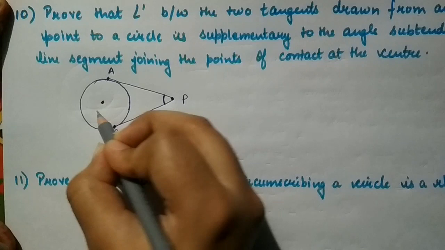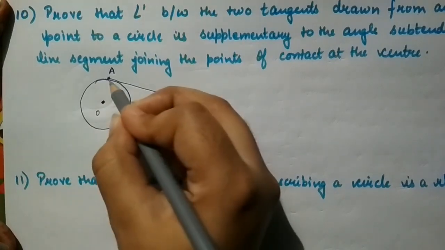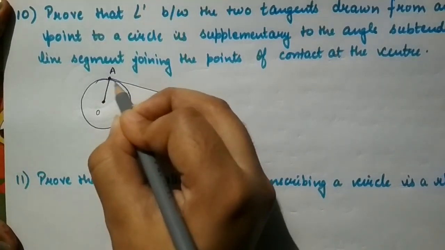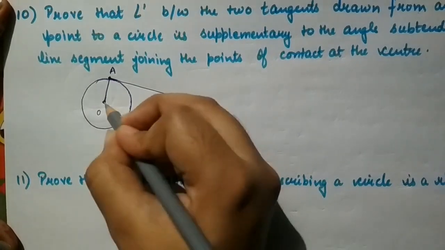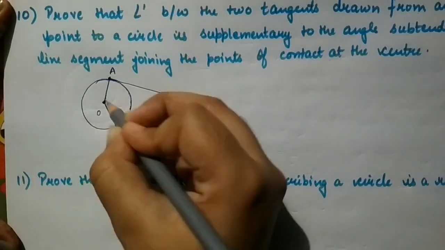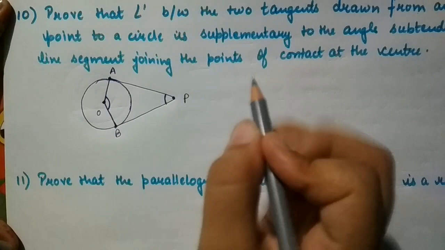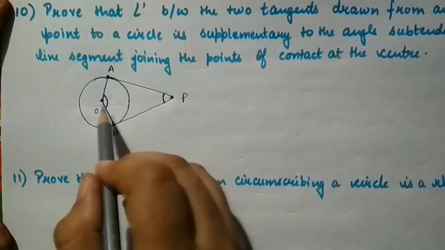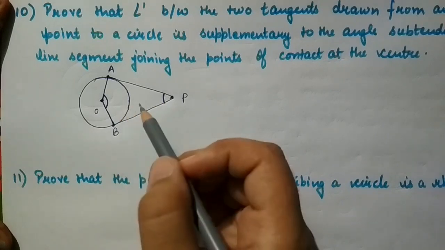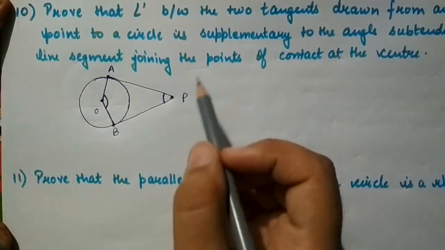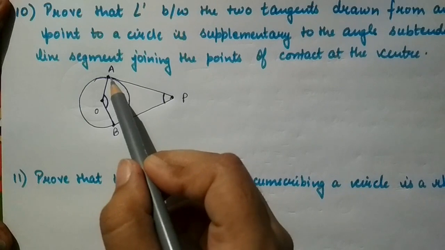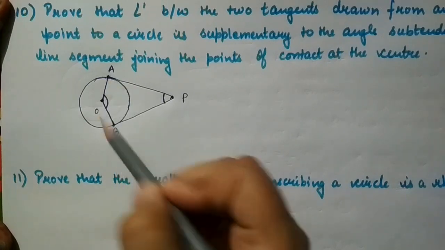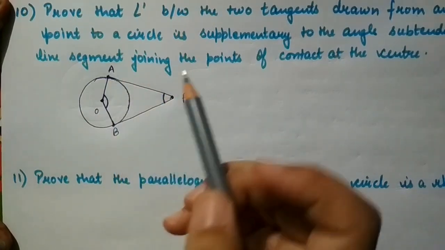So if this is the center, then the angle subtended by these two line segments joining the point of contacts and the center of the circle, it means this angle. So we have to prove that this angle and this angle, they both are supplementary, means sum is 180 degree. So we need to prove that sum of angle AOB and angle APB is 180 degree.